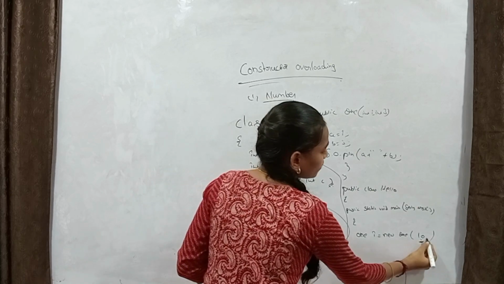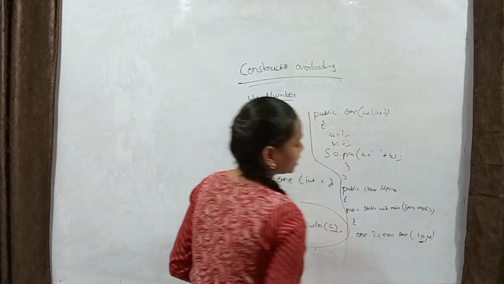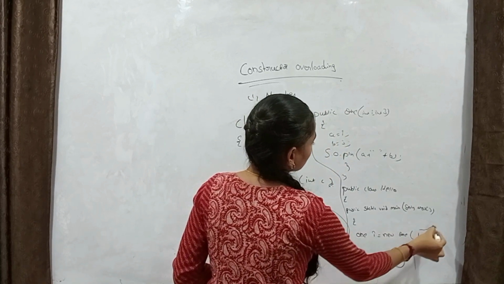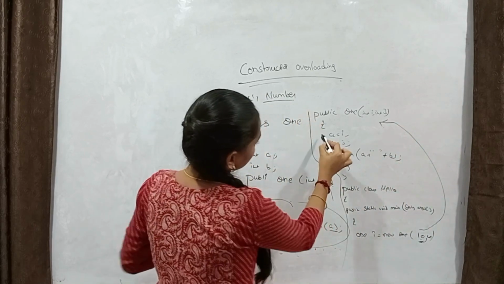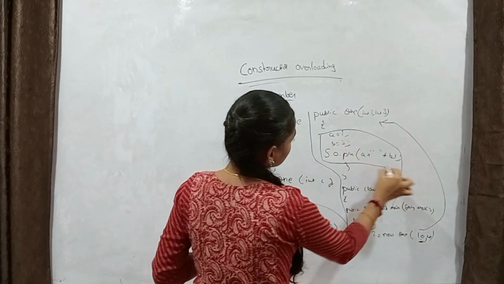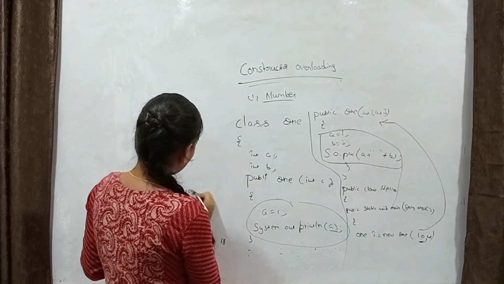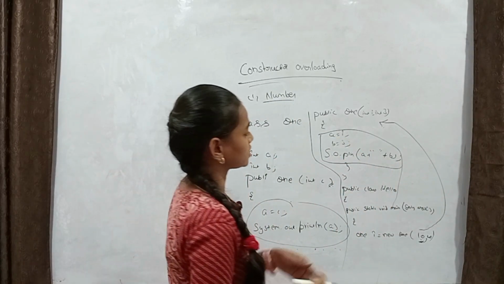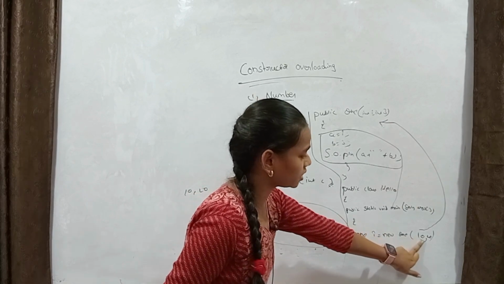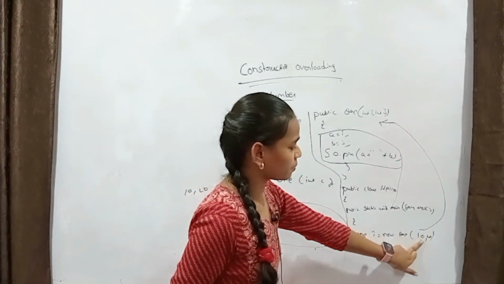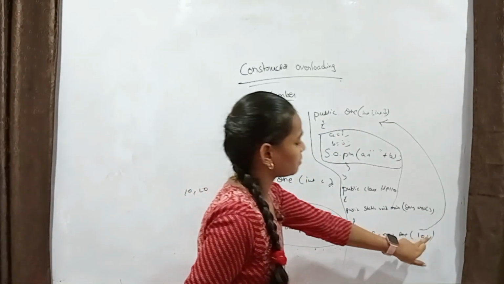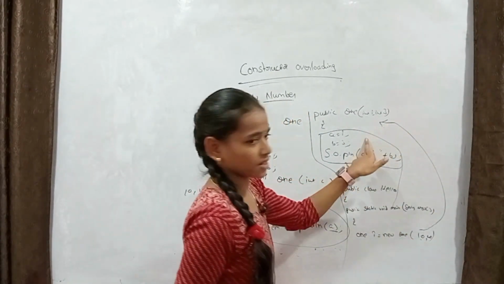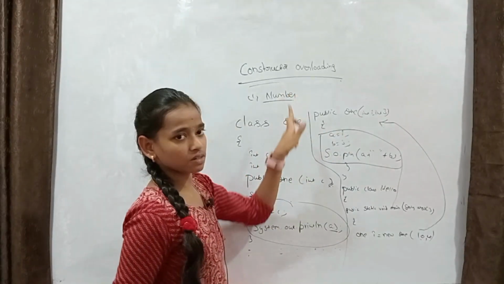If I give two values, 10 and 20, JVM will give these values to the second constructor and run this block of code, and it will give output like 10 and 20. So JVM will decide depending on the number of values. If I pass one value, then it will call the first constructor. If I pass two values, then it will call the second constructor. So this is number constructor overloading.